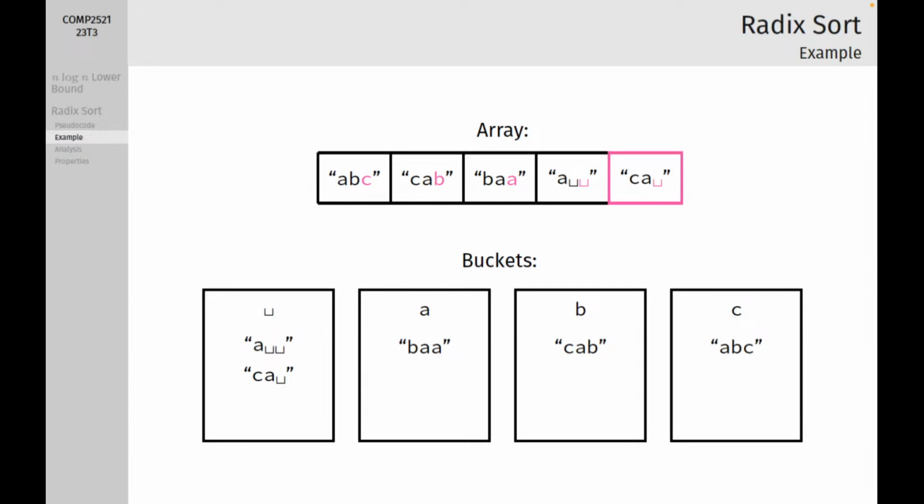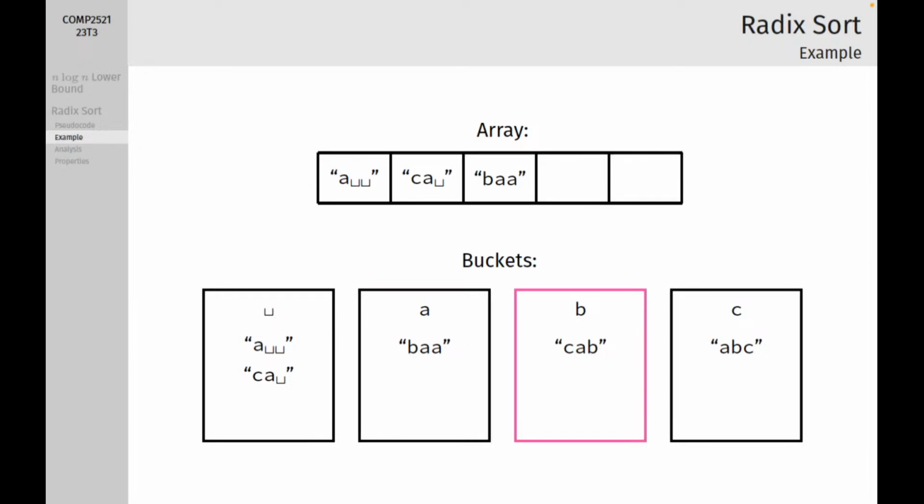Now that we've stored all the elements into the buckets, we clear our array. And then for all the buckets in order, we store them back into the array. This blank bucket contains these 2 keys, so we store them into the array. Then the next bucket contains BAA, so we store that into the array.